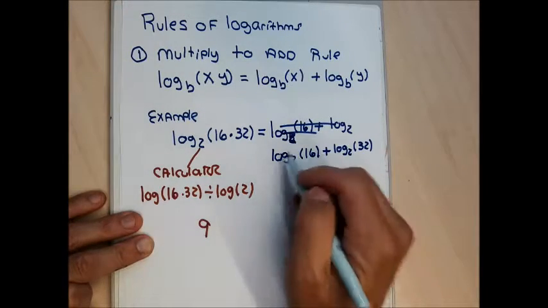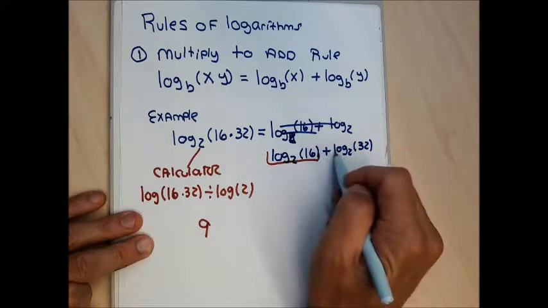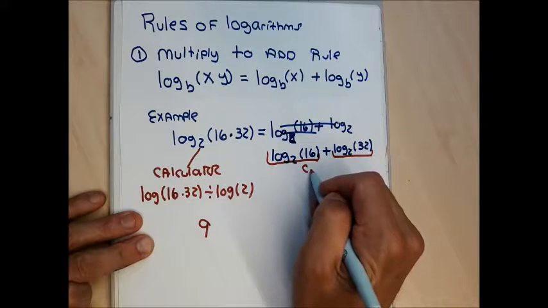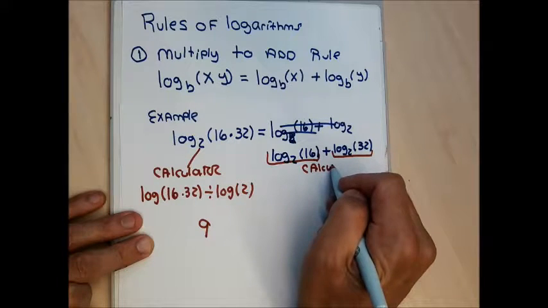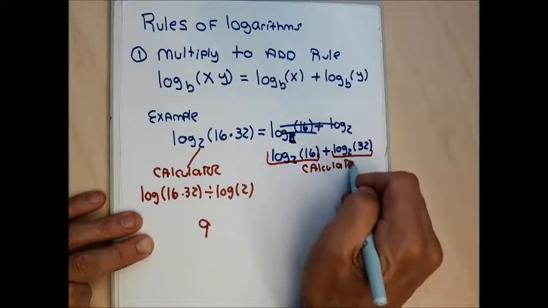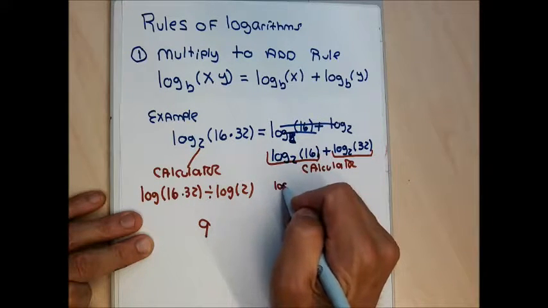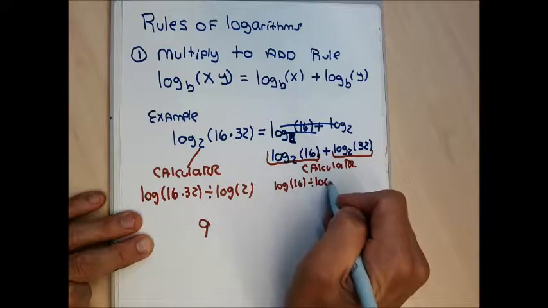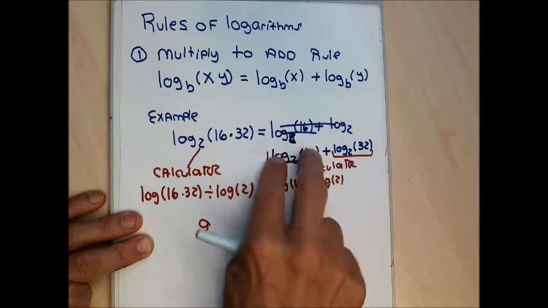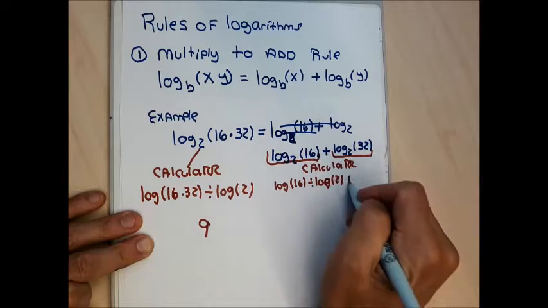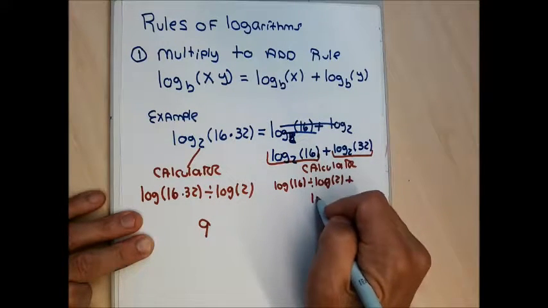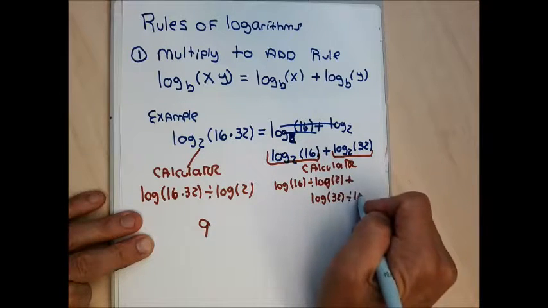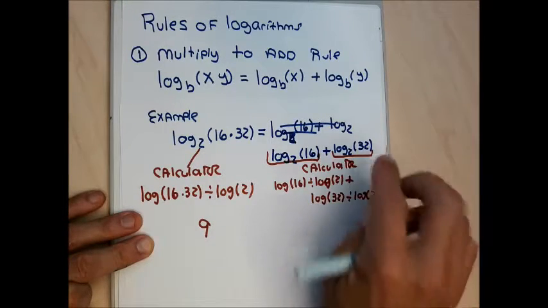The right side's a little bit harder. I need to do this logarithm and that logarithm separately and separate them with a plus sign. For this side on my calculator, I'll do the log of 16 divided by the log of 2 for this log, and then I'll type a plus sign, and then I'll do the log of 32 divided by the log of 2 for that logarithm.